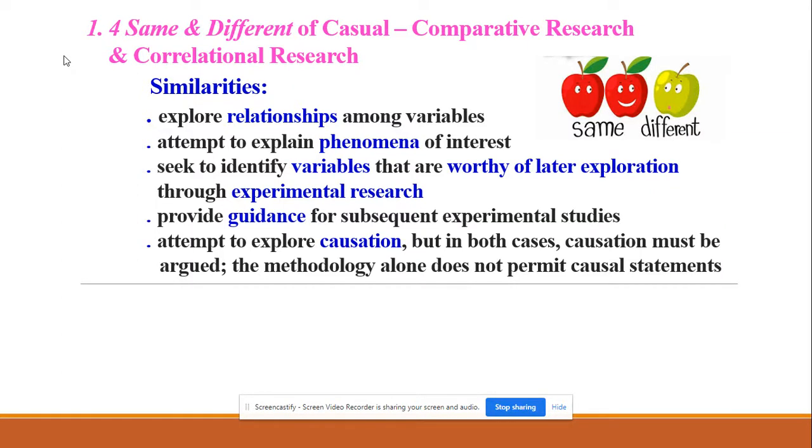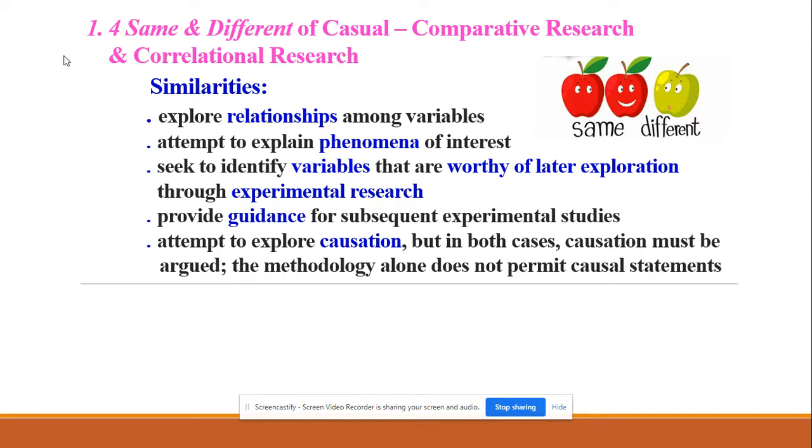Okay, so let's move on to the similarities and the differences between causal comparative and correlational research. There are many similarities between these two research designs. Both explore relationships among variables.